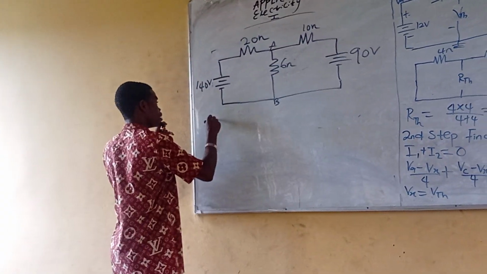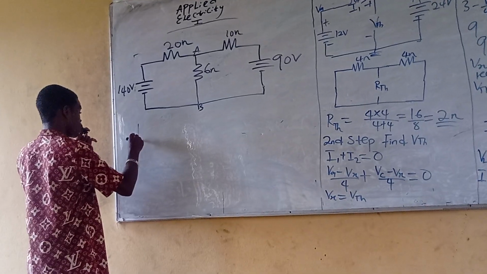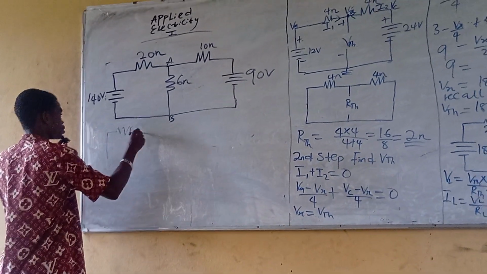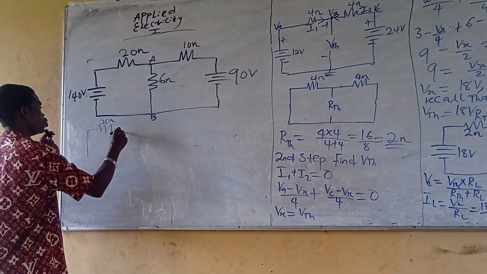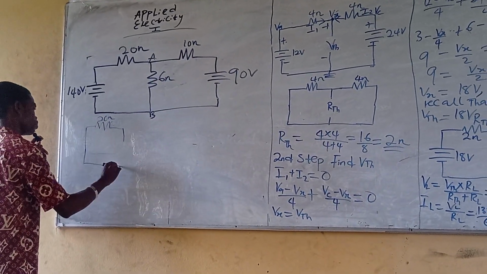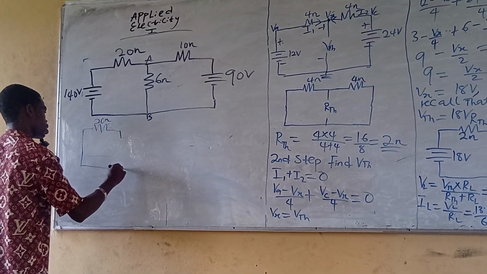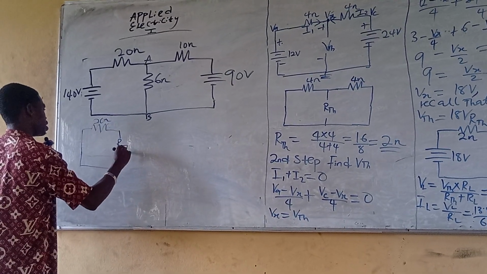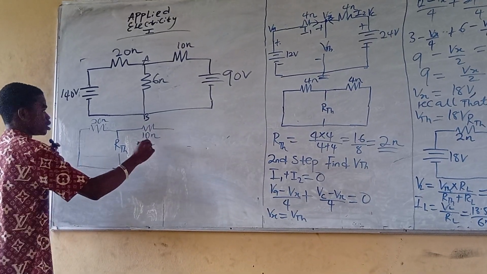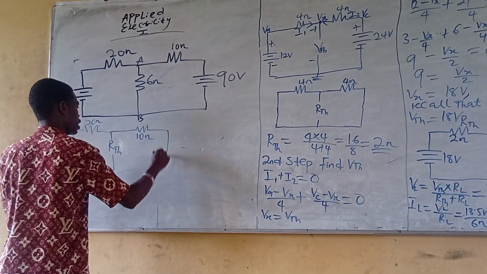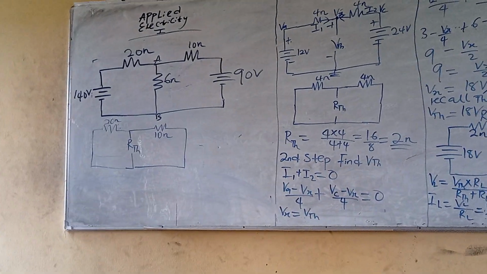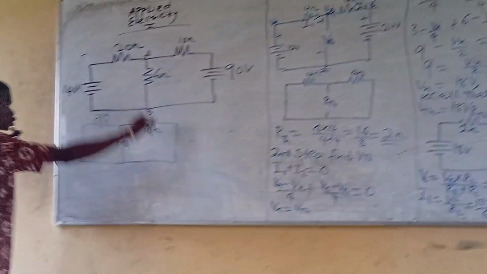So let's perform that. We want to find R Thevenin, that's Thevenin's resistance. So this will be 20 ohms. Then we are going to have here R Thevenin. Then here is what? 10 ohms. Then here you short circuit this voltage source, as I said.